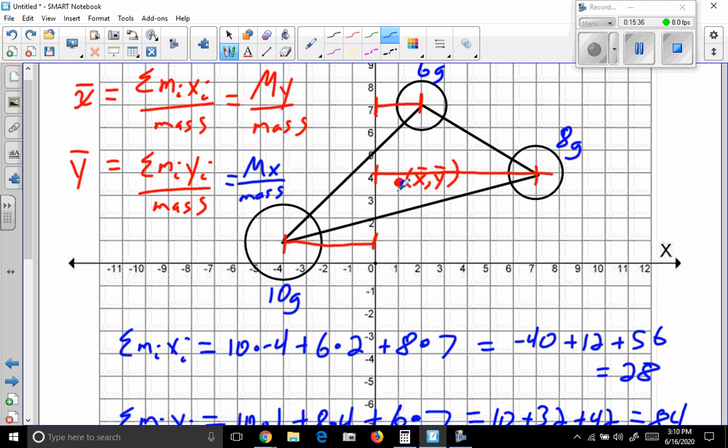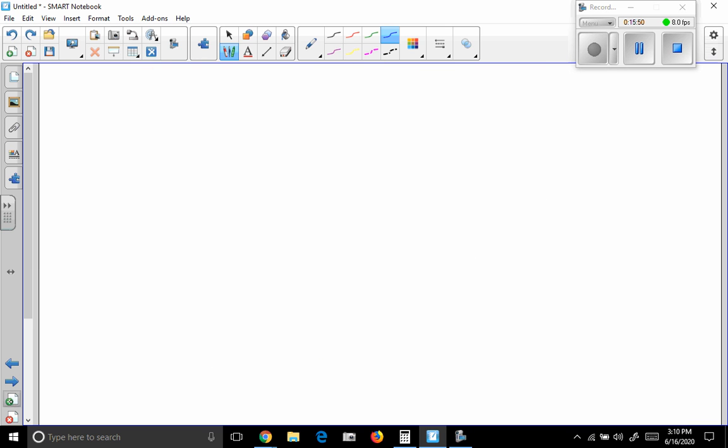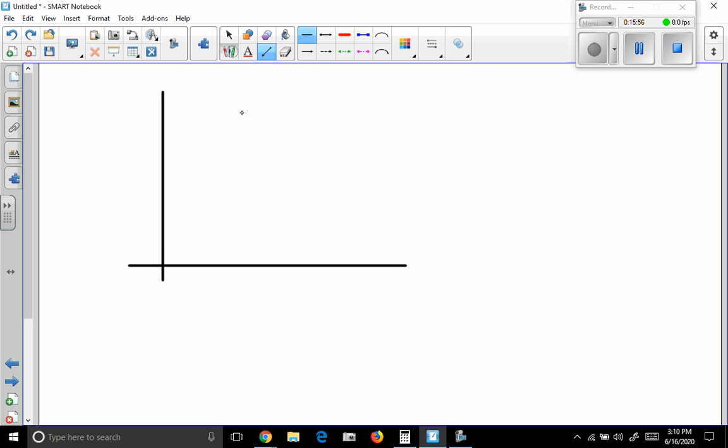But in each of these problems, we had a finite or a specific number of points. We didn't have an unlimited number of masses, or a continuous area. So that's really not per se a calculus problem.